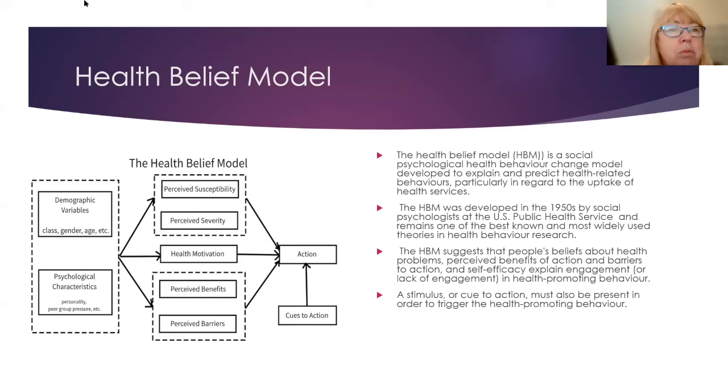Okay, so the differences in people. Psychological characteristics is when you look at people's personality, how they respond to pressure, their attitudes, all sorts of things. So it starts off with that, and then it looks through some different areas.